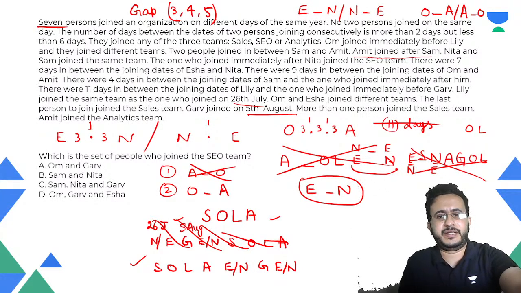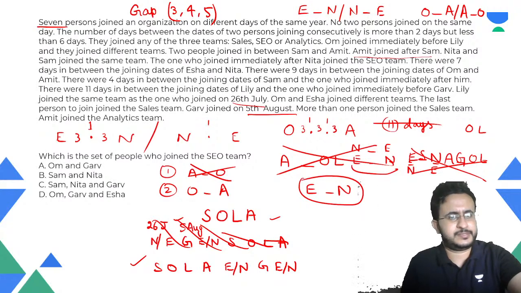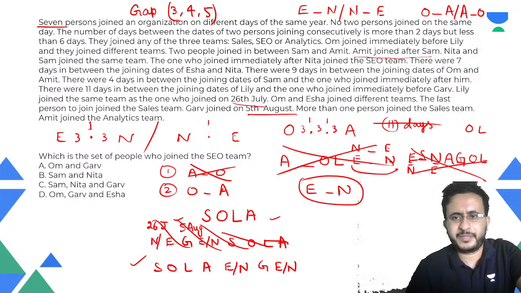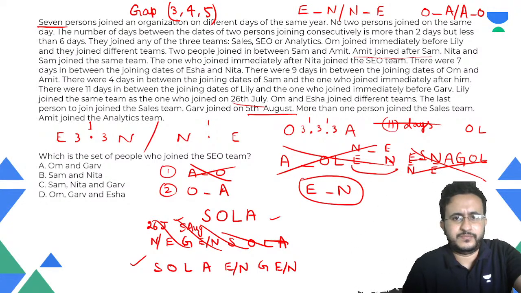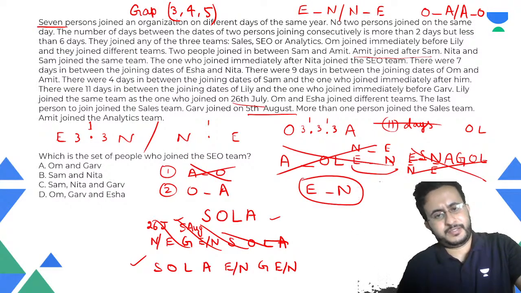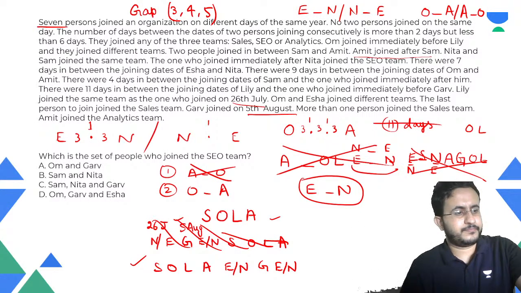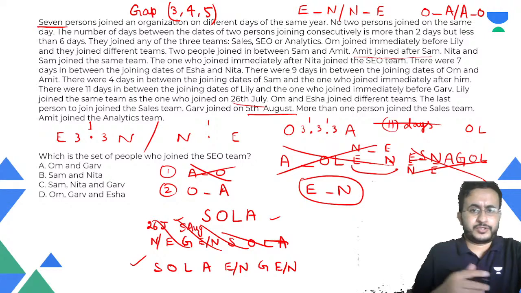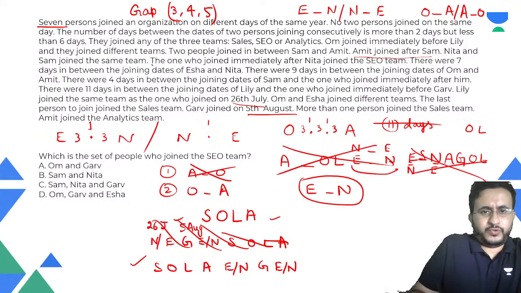Now E and N. Can we find out who can be what date? About E and N, which of E and N will come first and which later? There is a statement that says the one who joined immediately after Neeta.